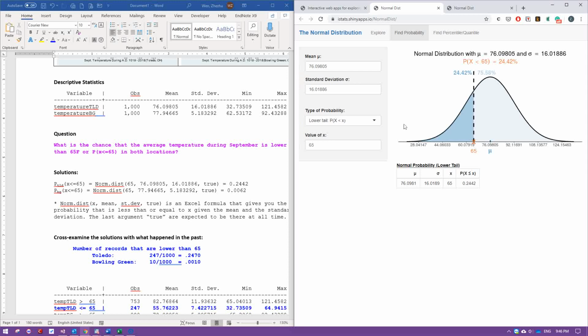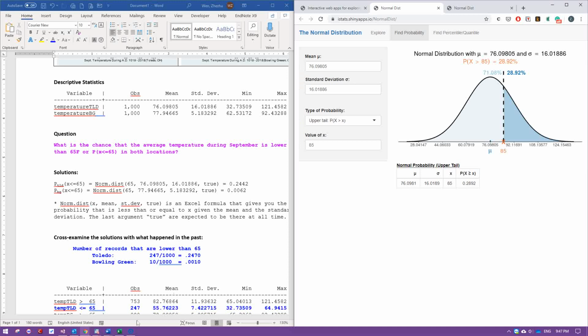So can I say, then what is the chance that probability is larger than 85? Okay, you can utilize this tool, or you can go back and utilize Excel, but I will try this first. Okay, so upper tail, we're looking for upper tail and 85. This gives you the probability, which is 28.